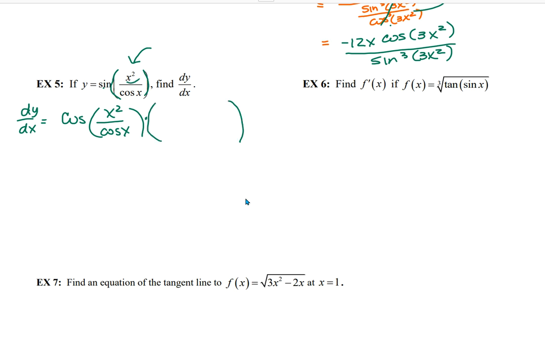So the quotient rule is going to take the derivative of the numerator, which is 2x, times cosine x left unchanged, minus, I think I need a little more space. Okay, and then minus the derivative of this left alone, times this left alone, times the derivative of cosine, which is the opposite of sine of x, so you might want to write that in, over cosine squared.